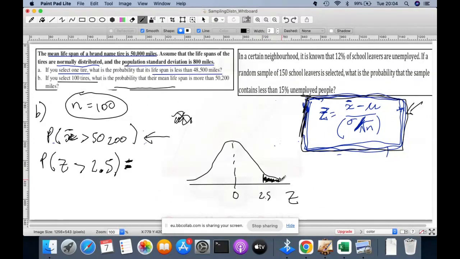This is the area you need to find, and that's the answer for this question. So give it a shot. I'm going to give you a minute. You should be going to your table.